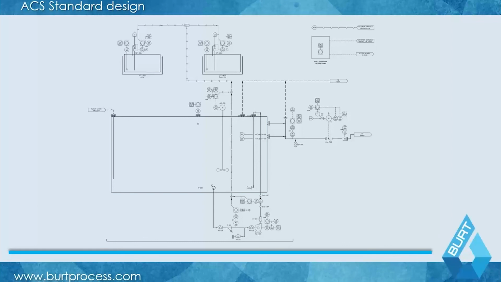This allows for faster reagent mixing, which allows the ACS unit to do a more efficient treatment, because you're essentially using the wastewater as a carrier medium and re-ducting it back into the mixer for a much faster reagent injection.